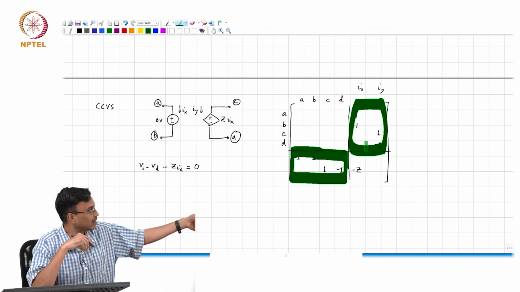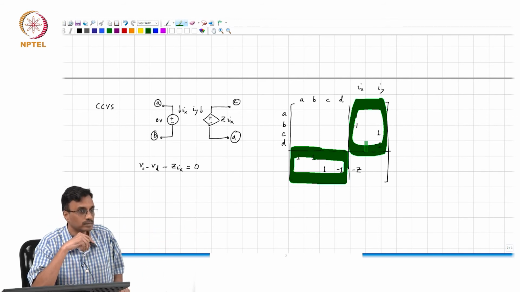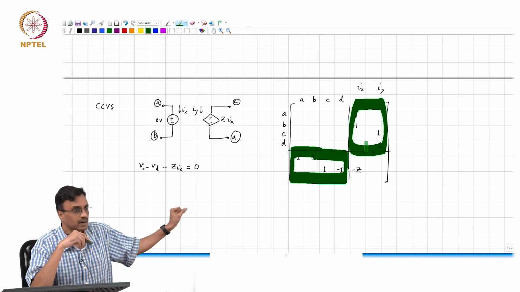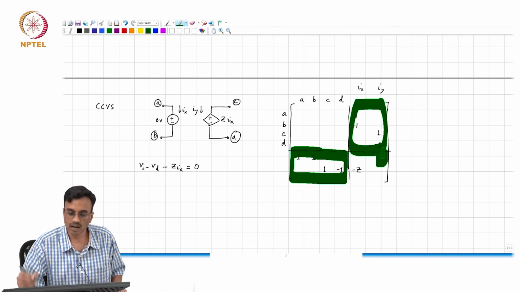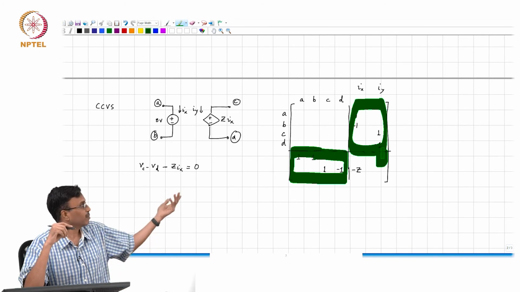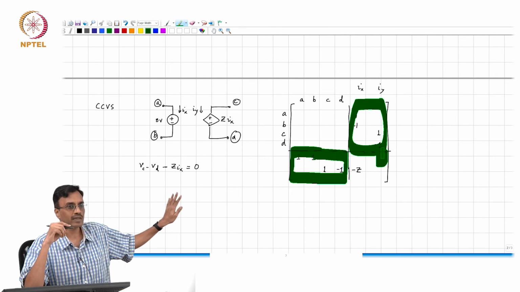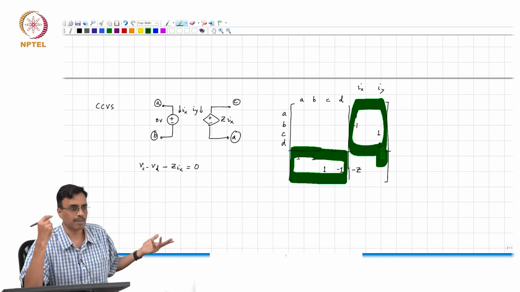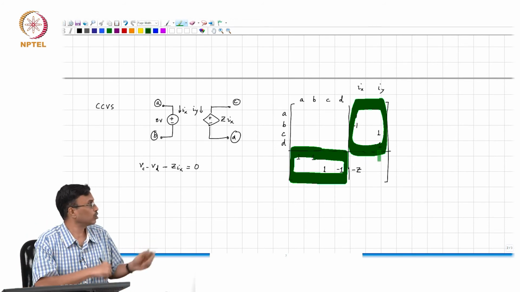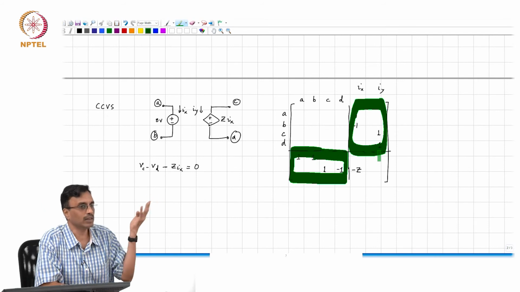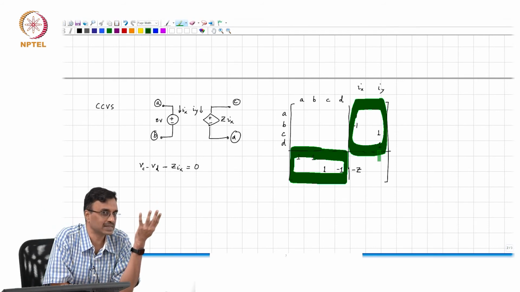Which row will it enter now? It will enter here, and therefore, by flipping the ports, what you basically have is the transpose of the MNA stamp of this guy, correct? Right. So, in which of the controlled sources does flipping the ports result in the transposed MNA stamp?